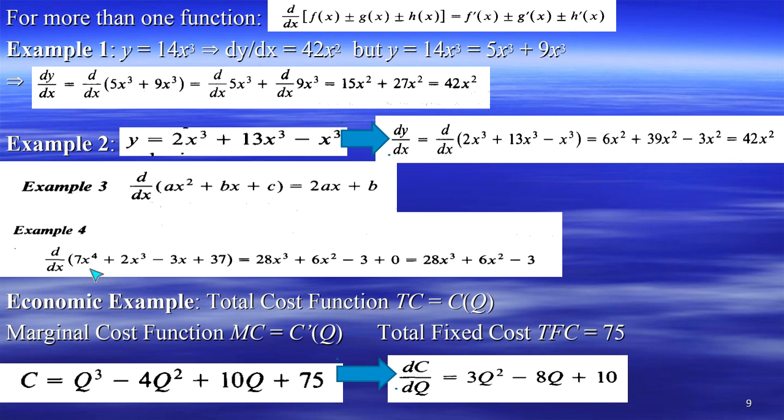And another one is this one. 7x to the power 4 plus 2x to the power 3 minus 3x plus 37. If you take its derivative, it is quite easy.